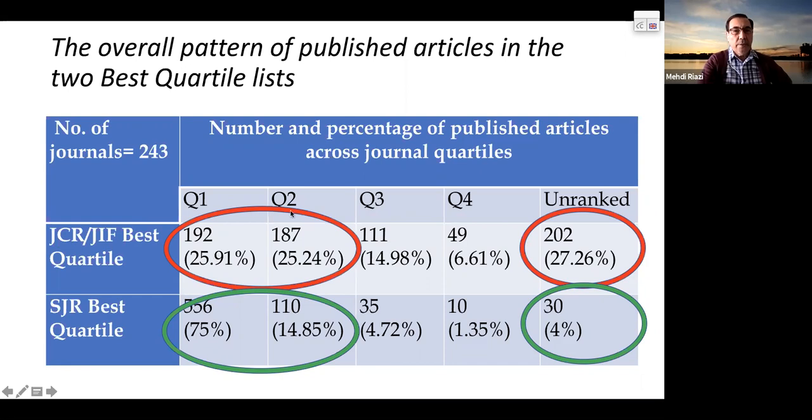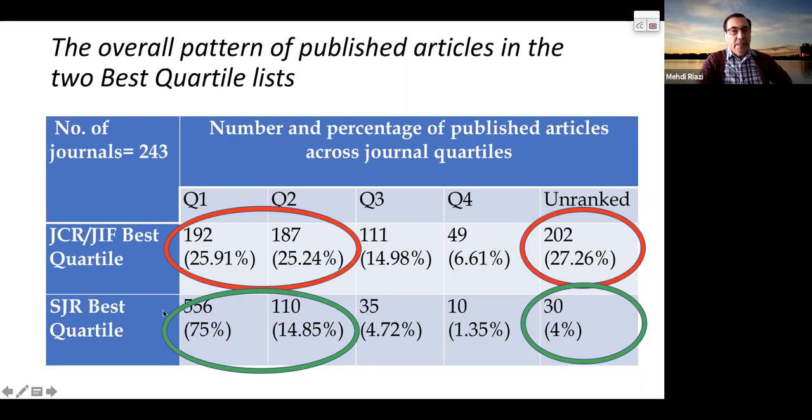According to JCR, almost 50% of these articles were published in Q1 and Q2 journals. About 27% of articles were published in journals that were not ranked by JCR. And about 23% of the articles were published in Q3 and Q4 journals.